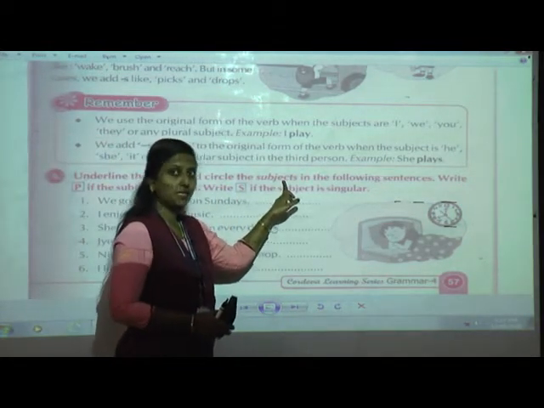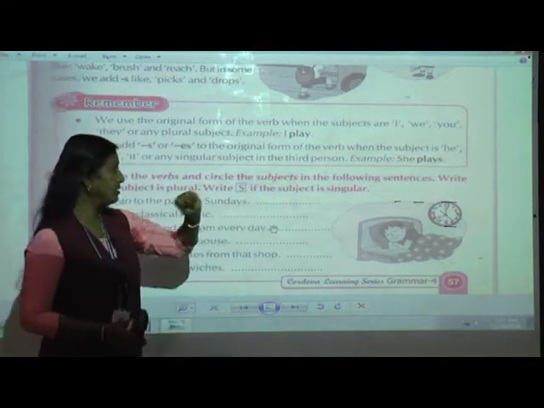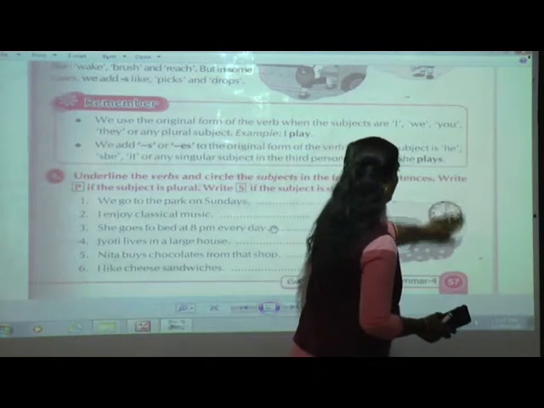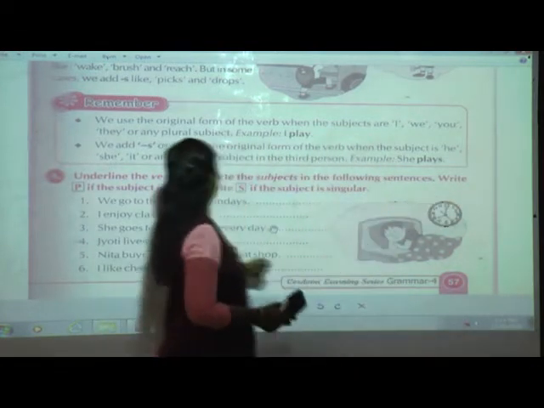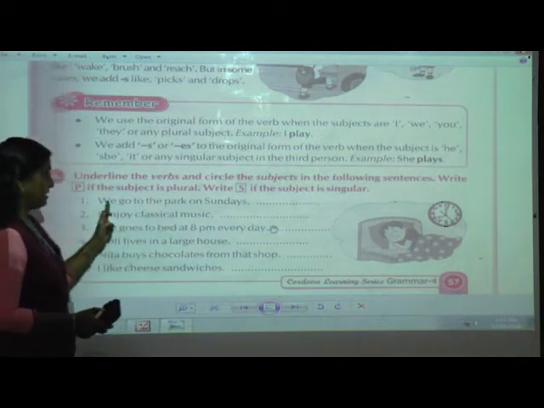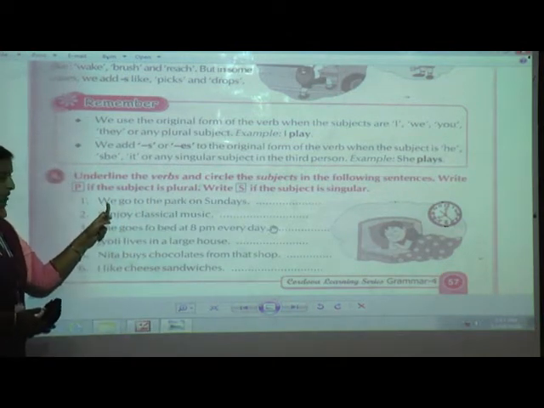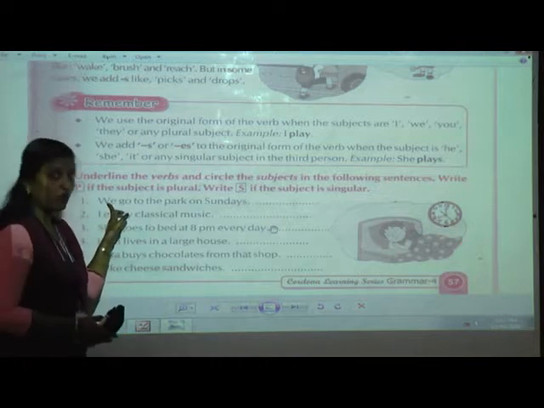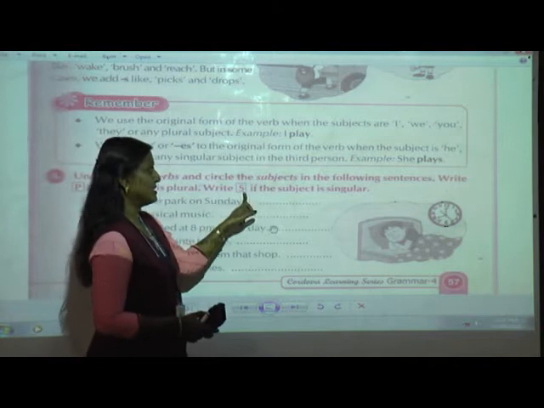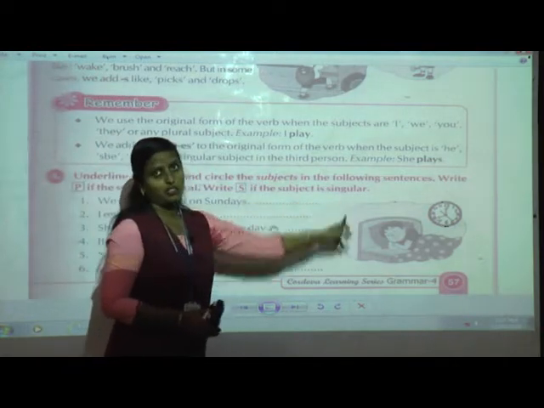Whatever subject is there in the sentence, you have to circle it. And then what is the third thing you have to do? Write P if the subject is plural. See here, can you see your subject? You have to check whether it is singular or plural. If it is plural, write P, and write S if the subject is singular.